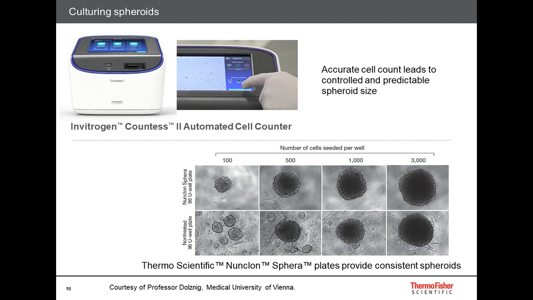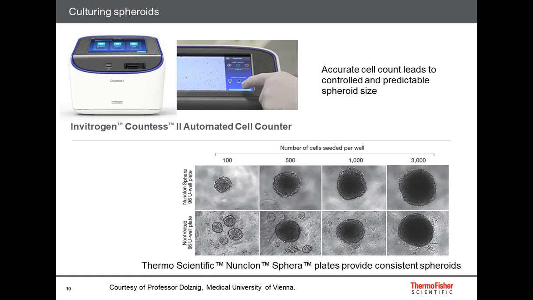to grow spheroids of a consistent and controlled size. Now, when it's time to grow our spheroids, we recommend a plate called the Nunclon Sphera 96-well plate to grow consistent spheroids with a homogeneous spherical shape. And so as we see here on the bottom right, as we increase the number of cells per well, we see a larger spheroid structure as we'd expect.